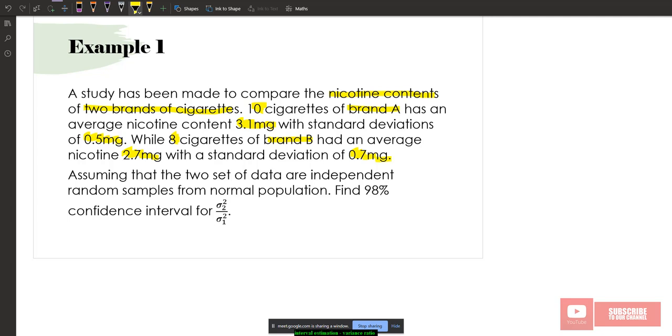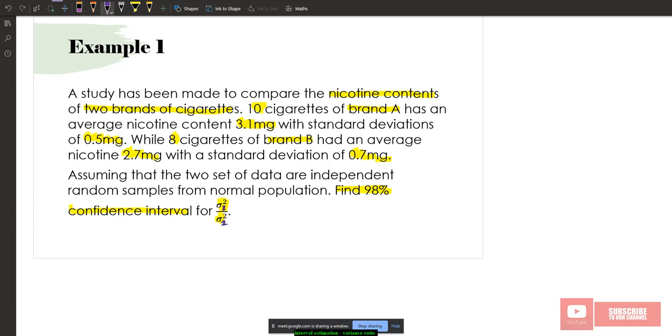Assuming that the two sets of data are independent random samples from normal populations, we need to find the 98% confidence interval for the ratio sigma 1 squared over sigma 2 squared, right?